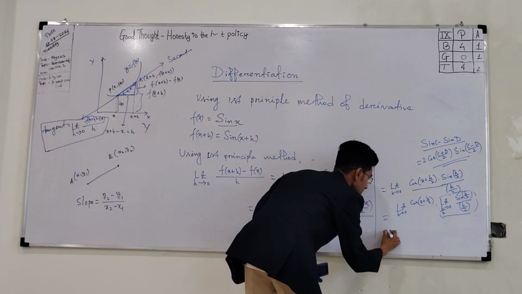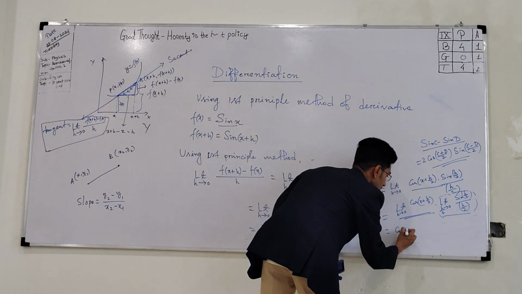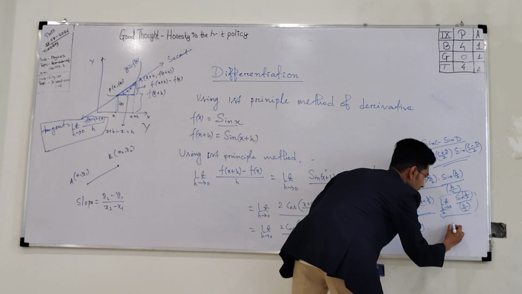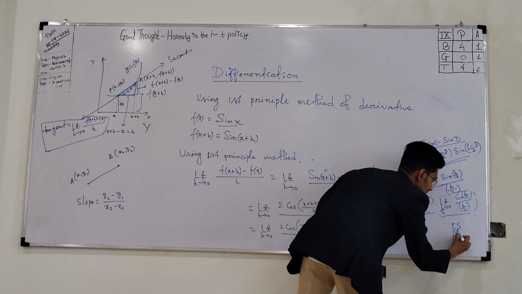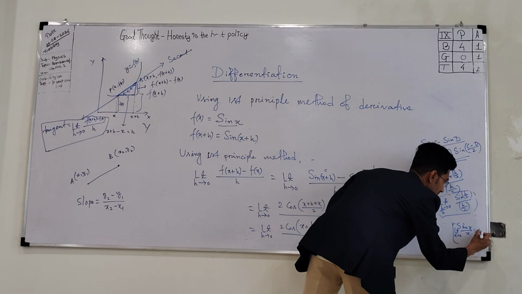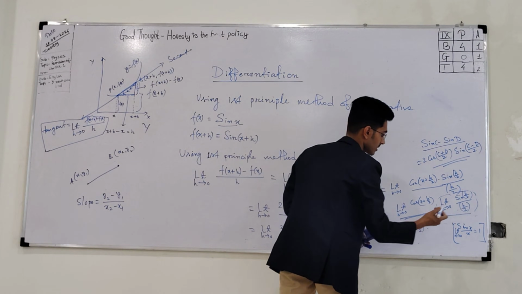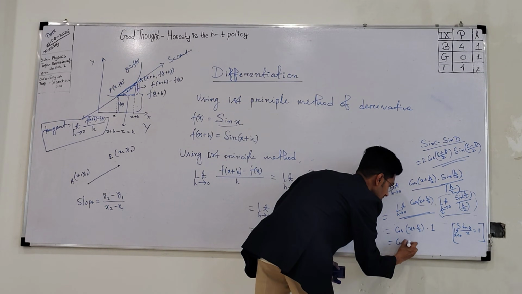Now if we put h equals 0 here, it becomes cos of x plus 0 by 2 into that part. We know limit x tends to 0, sin x divided by x equals 1. Here instead of x, h by 2 is there, so that part becomes 1 and the result becomes cos of x.